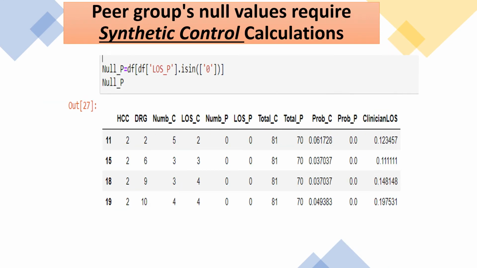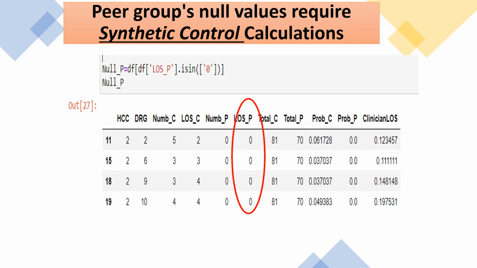In reporting the outcomes of the peer group on clinicians' patients, a problem arises when the peer group does not see patients seen by the clinician. To compensate, the peer group's outcomes for these situations are constructed using synthetic cases.